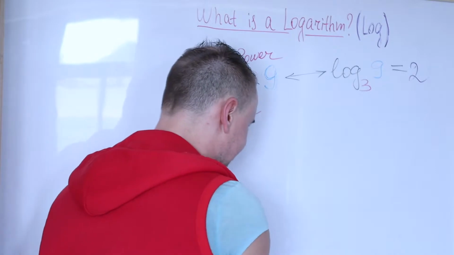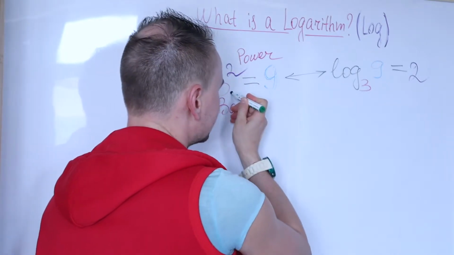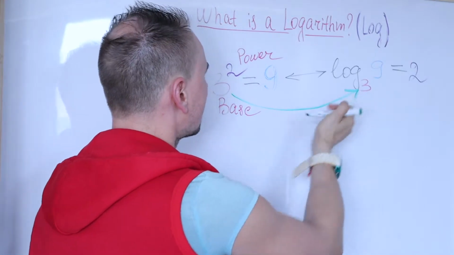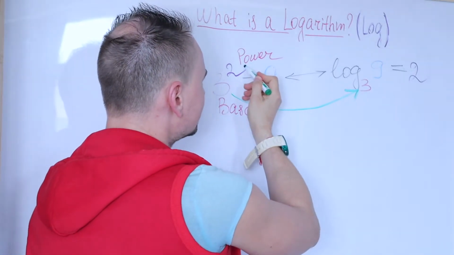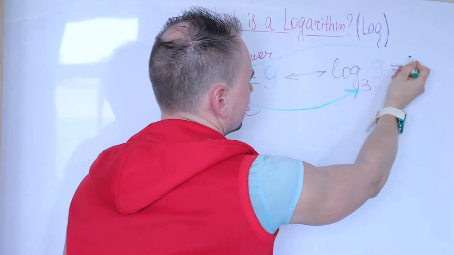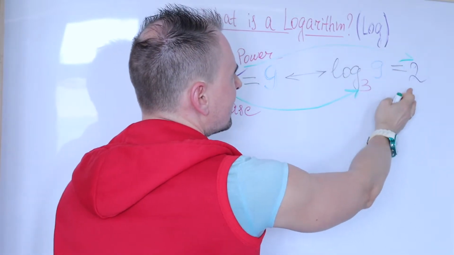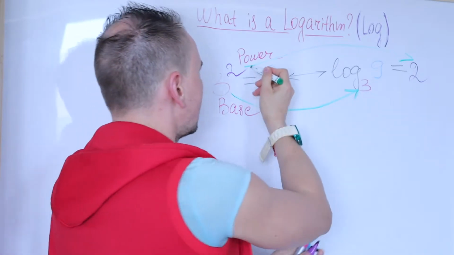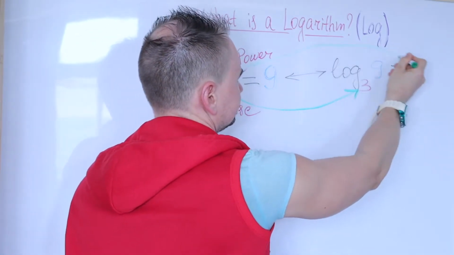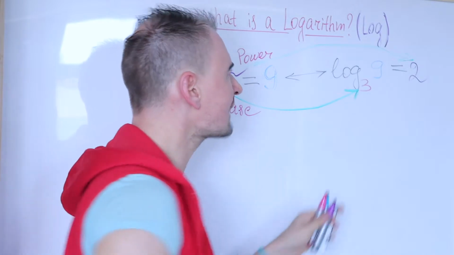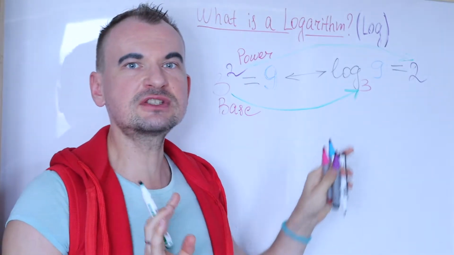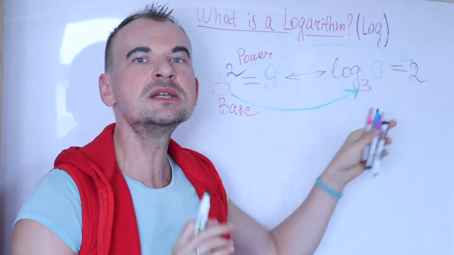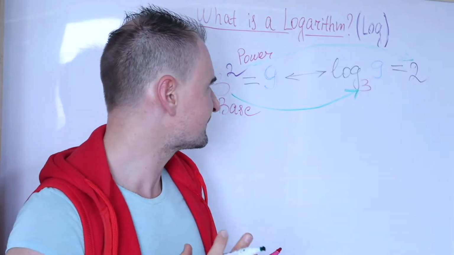So this 3, the little base, goes as a base for the logarithm, and this power 2 becomes the result or answer for your logarithm. How to read this? You would simply say log to the base 3 of 9 equals 2.